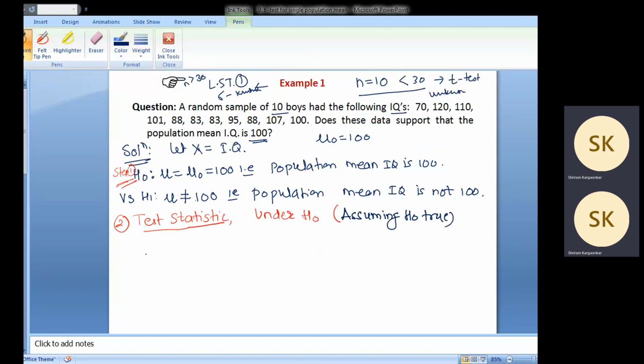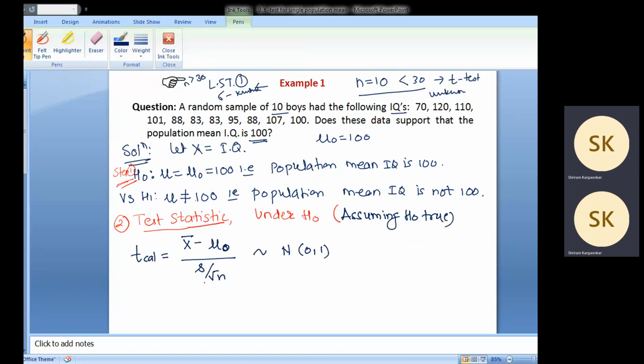Then T calculated is equal to X bar minus mu naught upon small s upon root n.